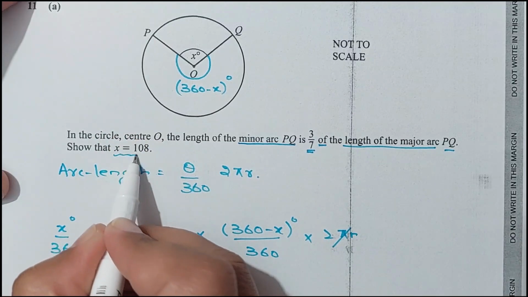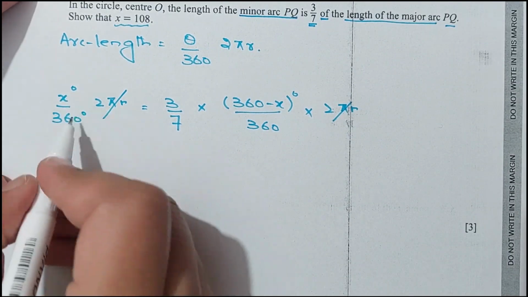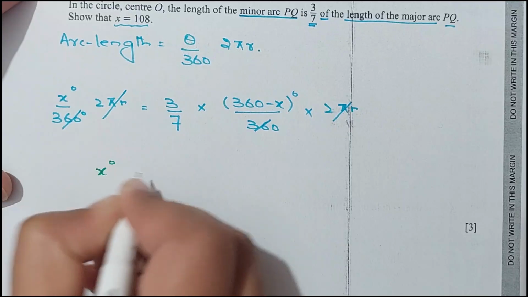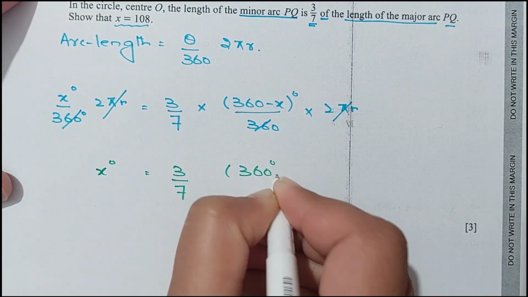Now we have to show the x value is 108, right? So what else is left? 360 is also cancelled with 360 degrees. So here we are left with x degrees, 3 by 7 and 360 degrees minus x degrees.